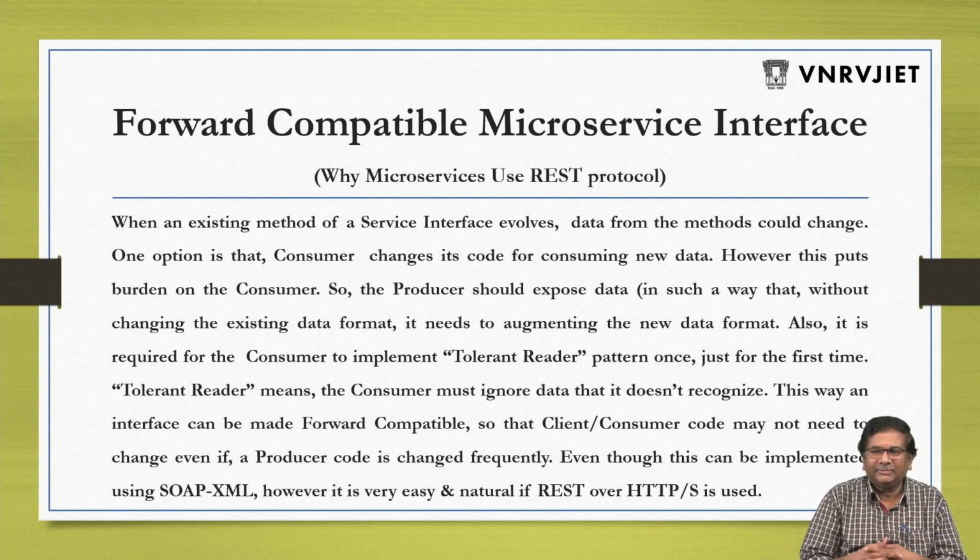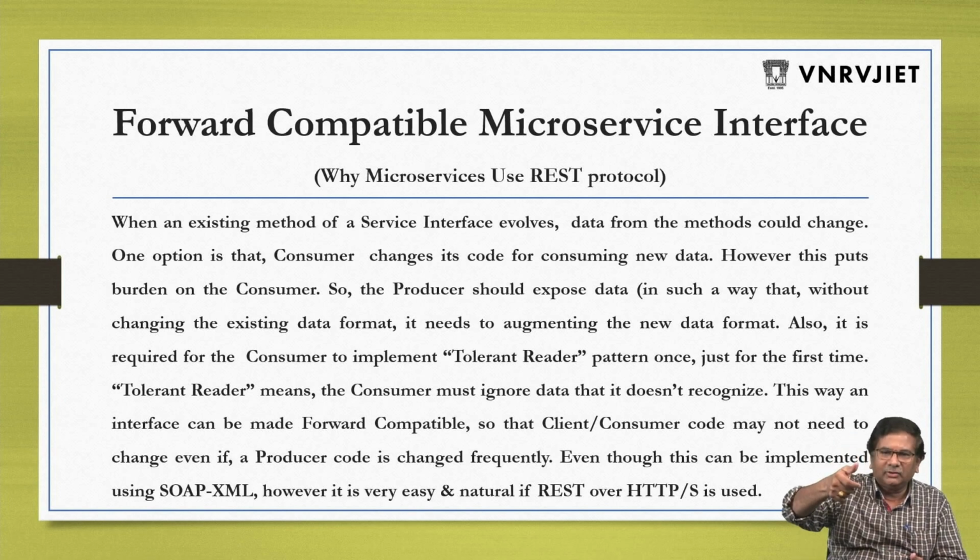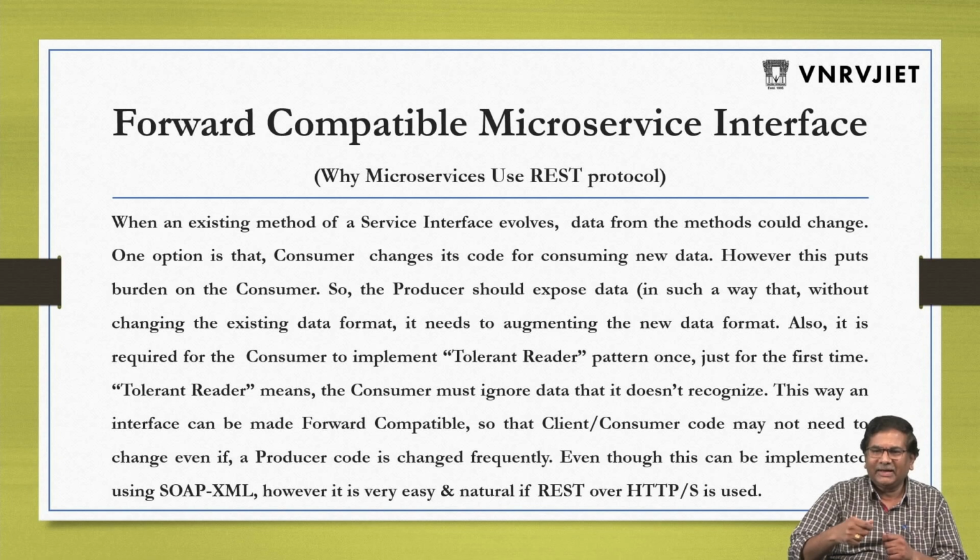So the producer should expose the data without changing the existing data format, and augment the new data format. Basically, like I said, you create 2 methods: one for only the item code, another for item code and price. And you have another method called set price for this code, something like that, right? So you have to do that.